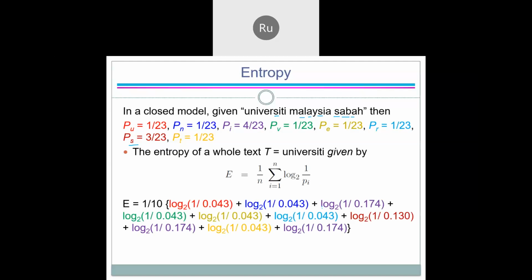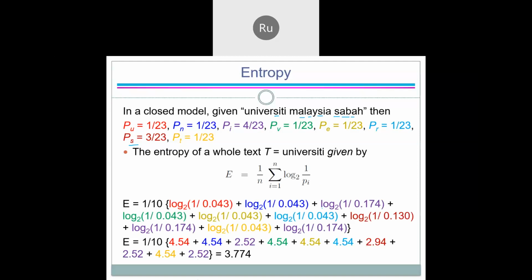So we go through each one of them and then divide by 10. So finally we have this. This is the entropy value that we have. The higher the value, the better. Okay, so that's how you compute the entropy.